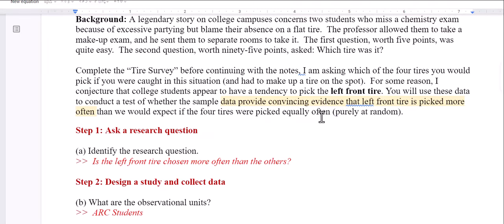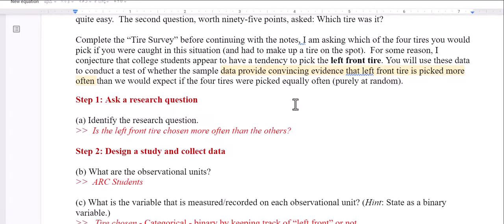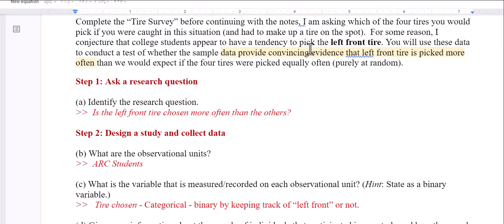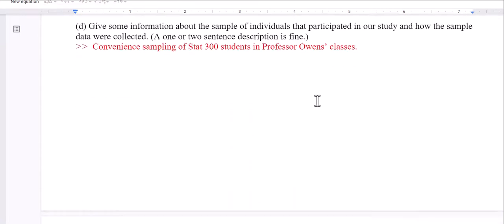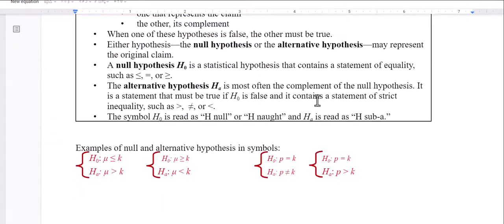So purely at random. So this is one of those where I see more often, so I'm going to have a greater than we would expect if the 4 tires were picked equally likely. Now, if the tires were picked equally likely, what do you expect the probability of picking the left front tire would be? It will be 1 out of 4, right?